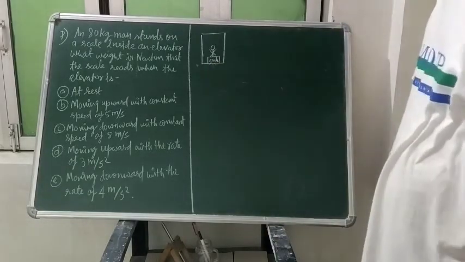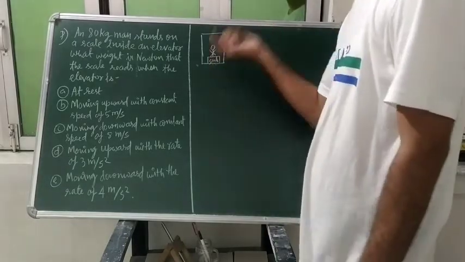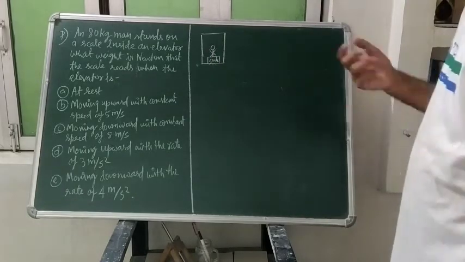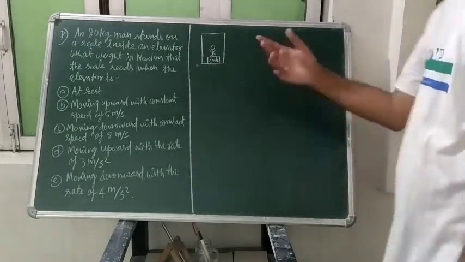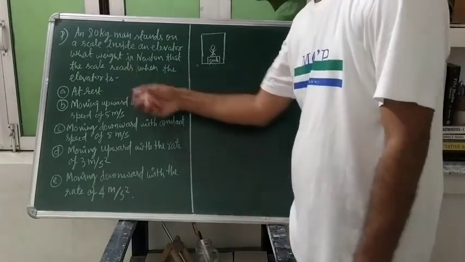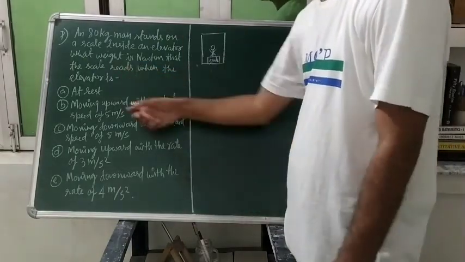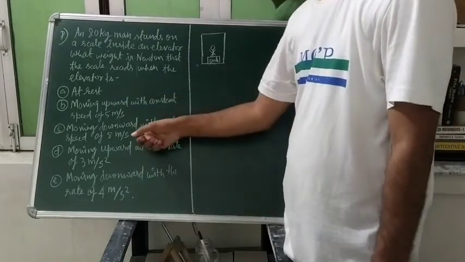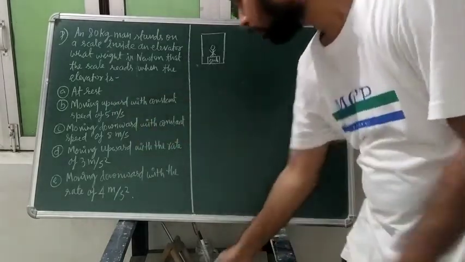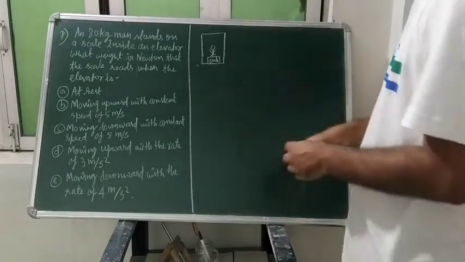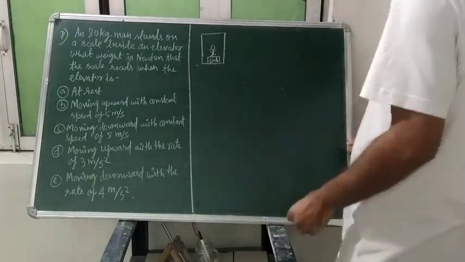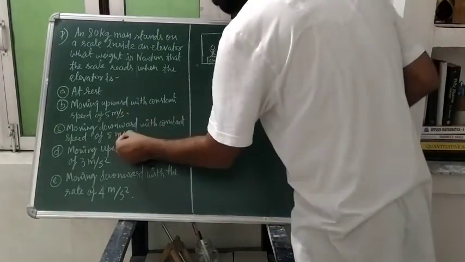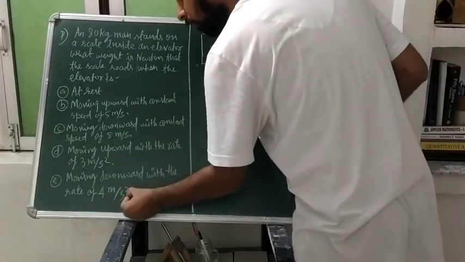What weight in Newton does the scale read when the elevator is at rest, moving upward with a constant speed of 5 meter per second, moving downward with a constant speed of 8 meter per second, moving upward with an acceleration of 3 meter per second square, and moving downward with an acceleration of 4 meter per second square? Okay, students?